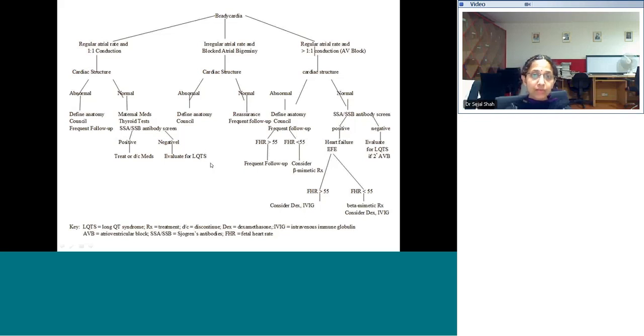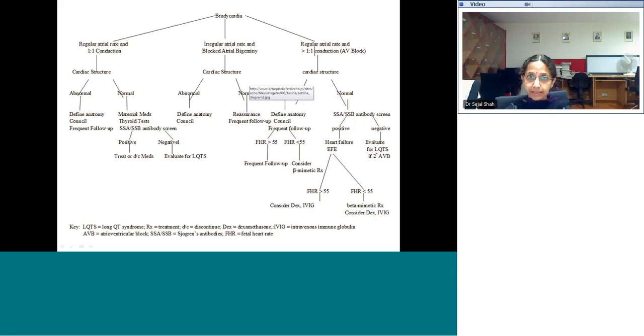Also make sure that these babies do not go for tachy. Sometimes long QT could present as tachy and brady at different times. If the cardiac structure is abnormal, then we define the anatomy, counsel the parent accordingly, and frequently follow them up.